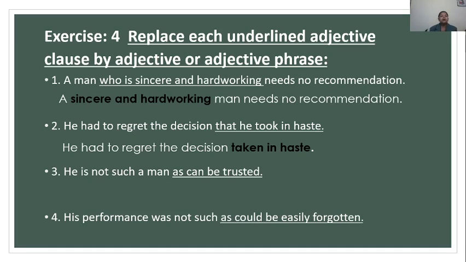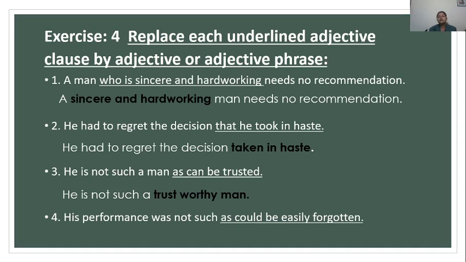Now, he is not such a man as can be trusted. A man as can be trusted means a trustworthy man. A man that cannot be trusted means a non-trustworthy man. So he is not such a man as can be trusted means he is not such a trustworthy man. Clear? As we say, children, he is a man that can be trusted.